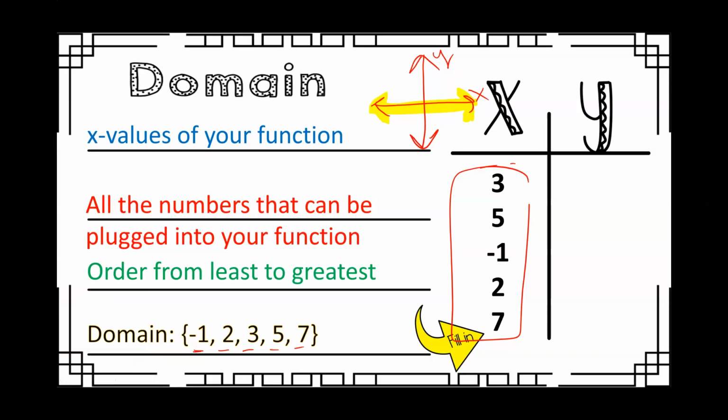Now, quick side note, these points cannot repeat to be a function. So to be a function, x values cannot repeat. Okay, so if my x value is repeated, it cannot be a function.